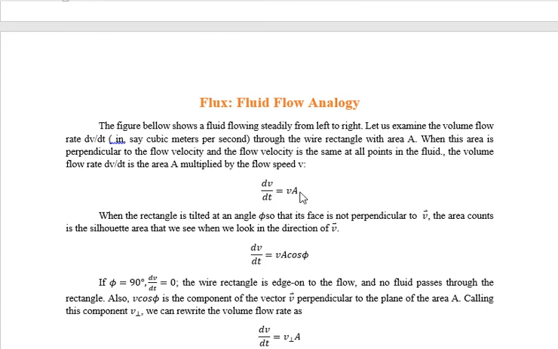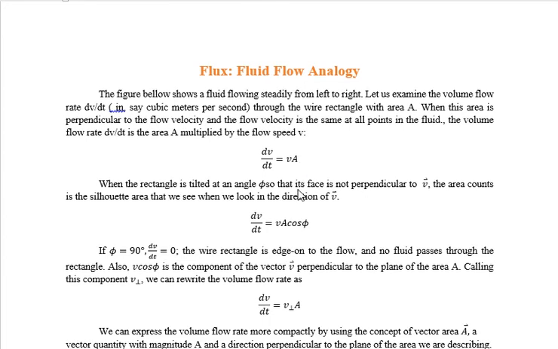So we just have to multiply the velocity, or if we are asked to find the rate of flow of that fluid inside the pipe, what we can do is just multiply the velocity and the cross-sectional area of that pipe. Okay? Now, if the cross-sectional area of that pipe and the velocity of the fluid are not the same, okay?